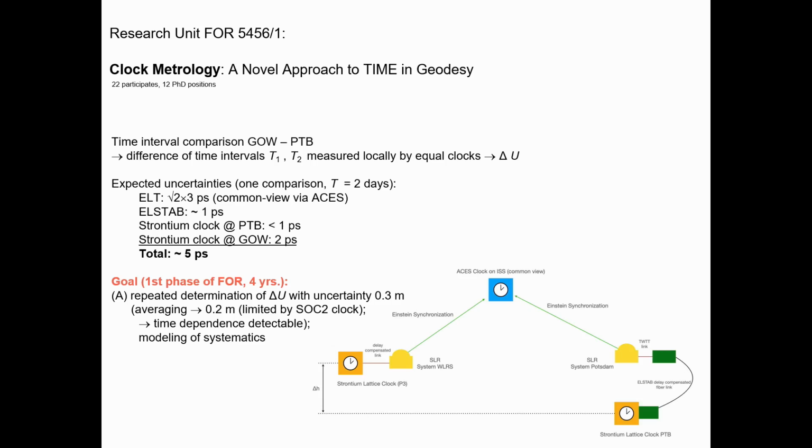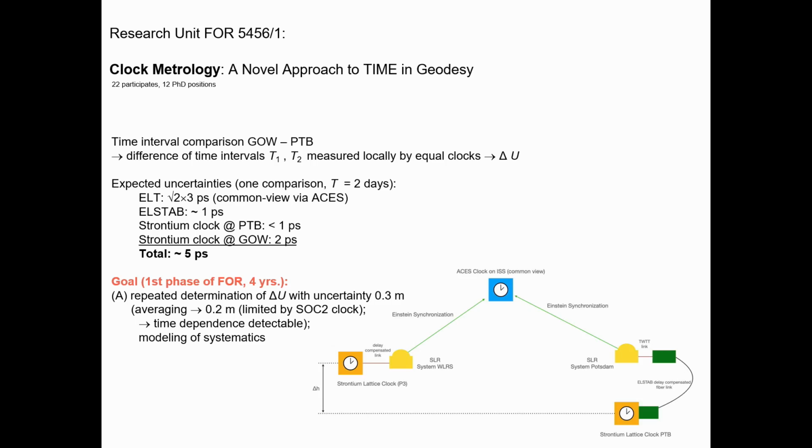The main goal is to introduce accurate clocks and to introduce clock ties as a new tool to probe the space geodetic techniques. The group has 22 participants. We submitted 10 separate projects and applied for 12 PhD positions.